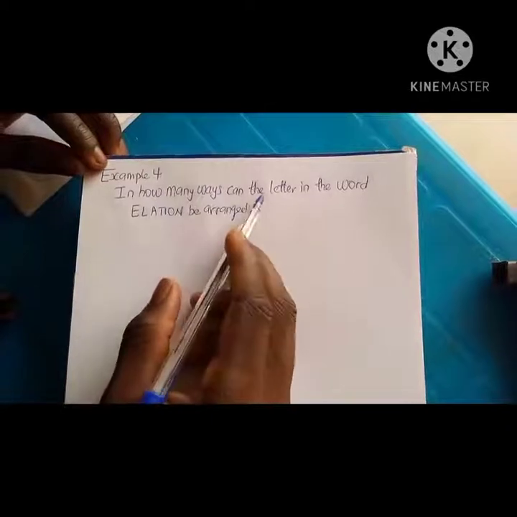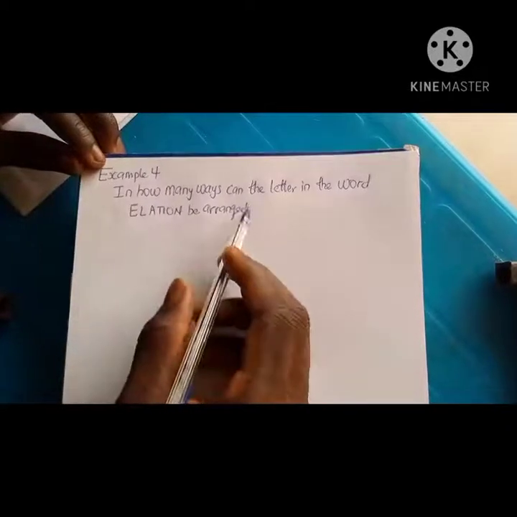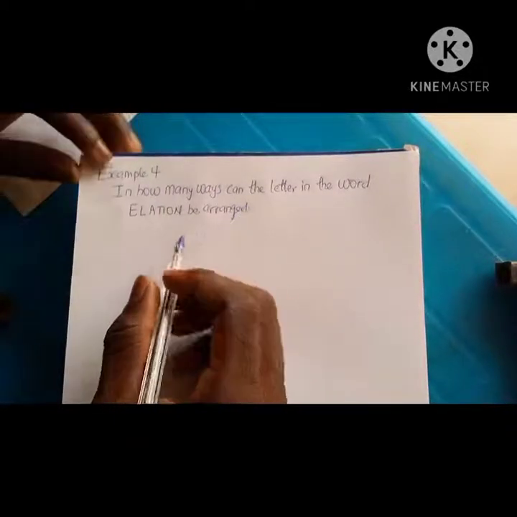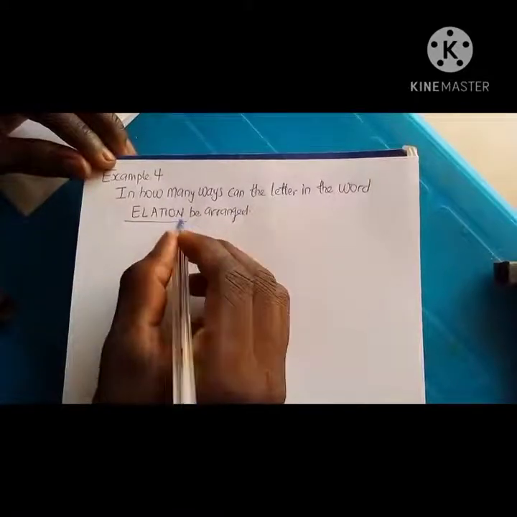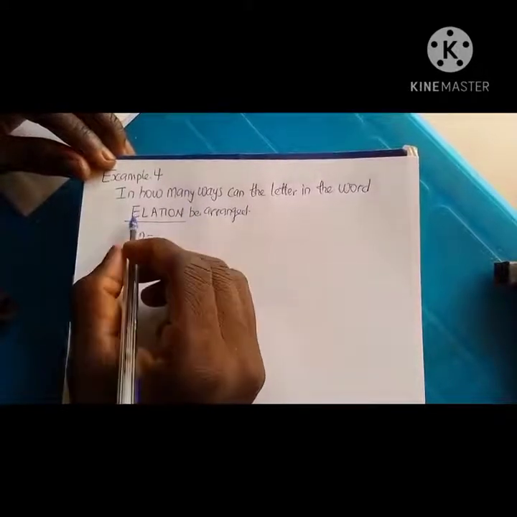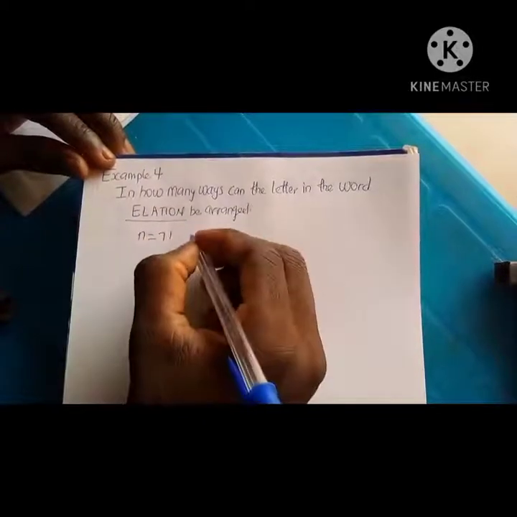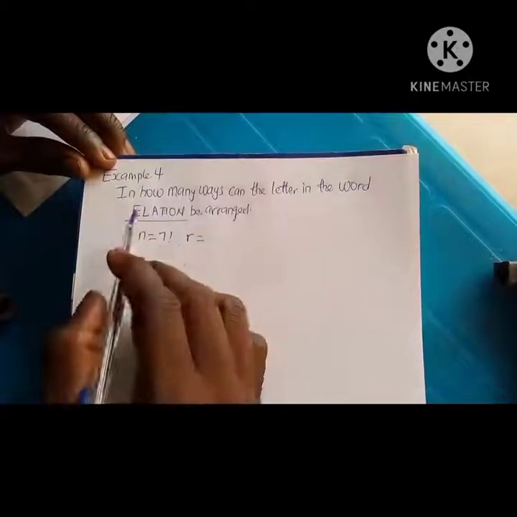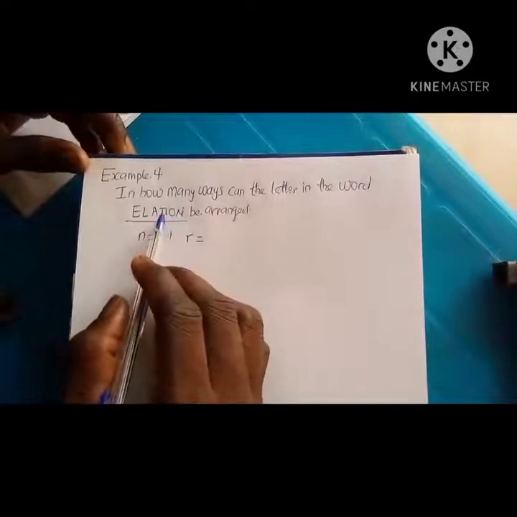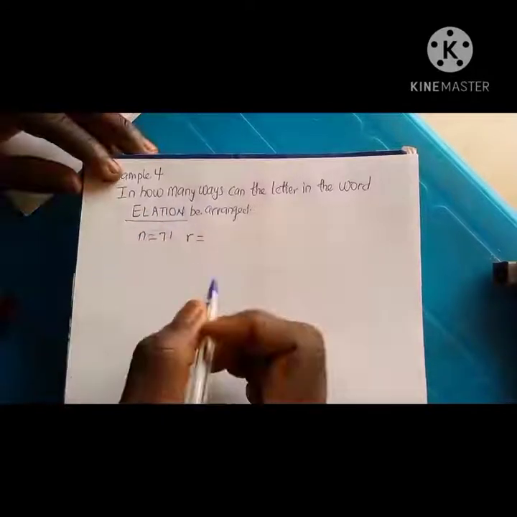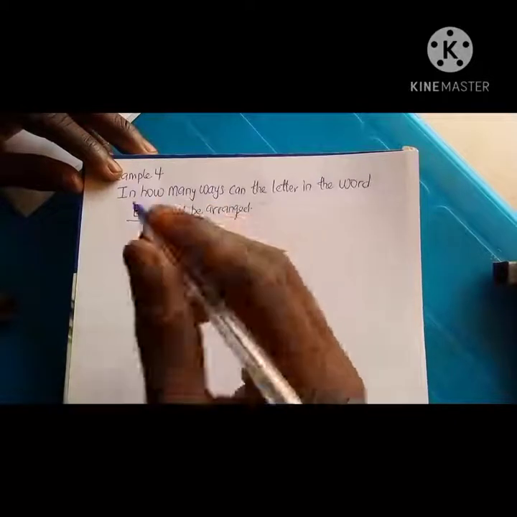So also this is another example. In how many ways can the letters in the word ELATION be arranged? The same as the other example. Now this is the word ELATION. Your n is going to be 1, 2, 3, 4, 5, 6, 7 factorial. Then, there's no letter that occurs 2 or 3 times, so that shows it's going to be 1 factorial, and 1 factorial is equal to 1.